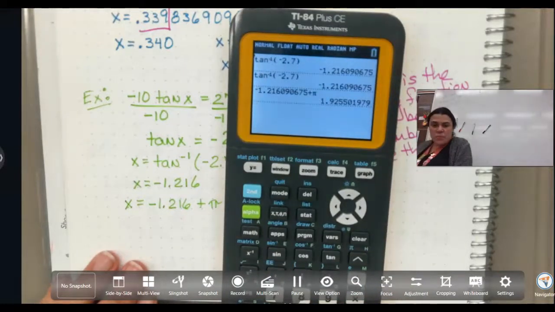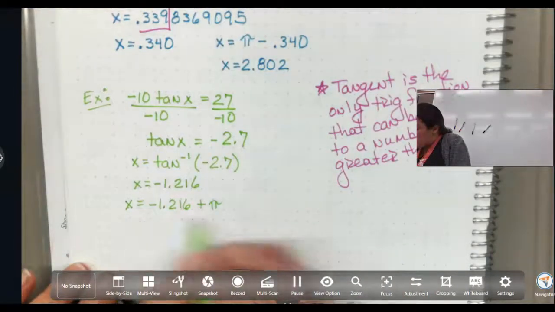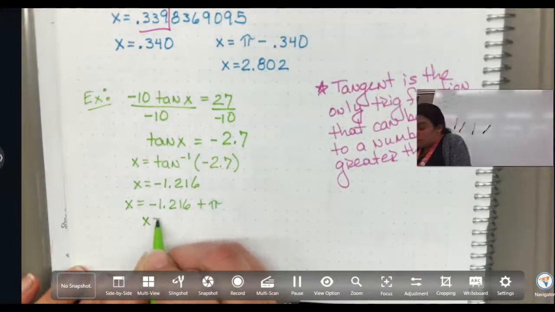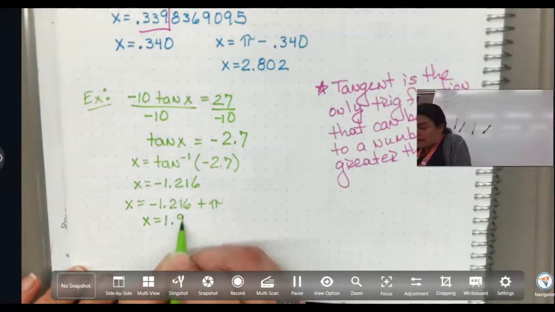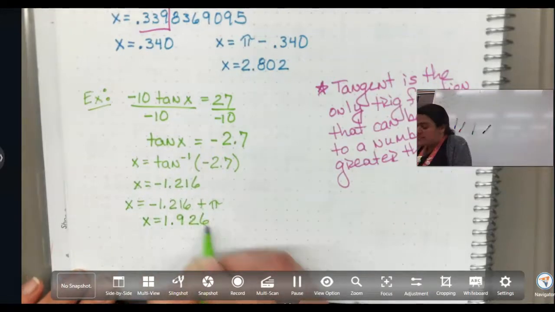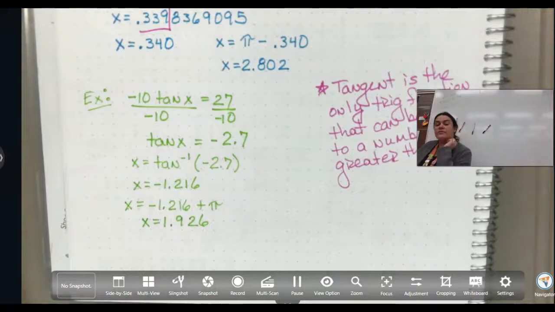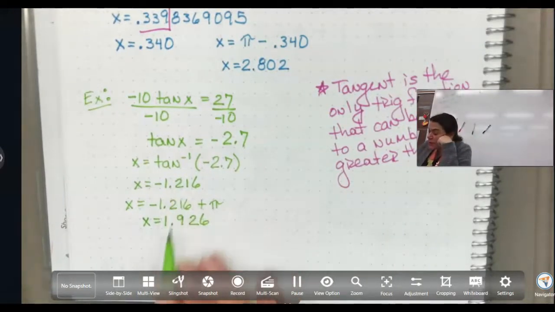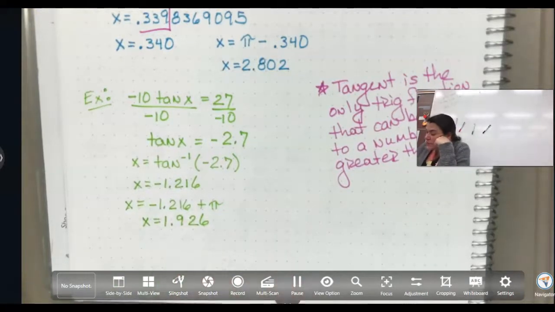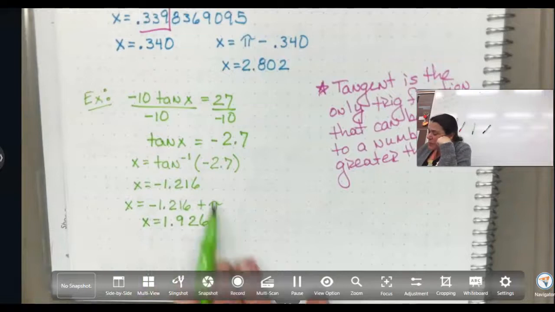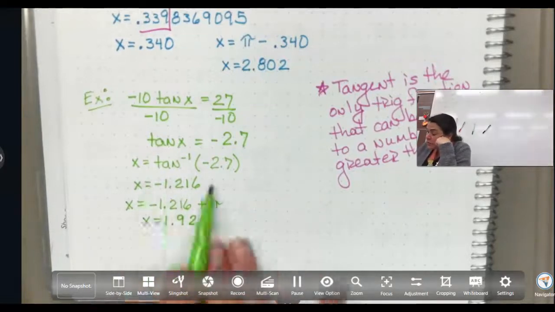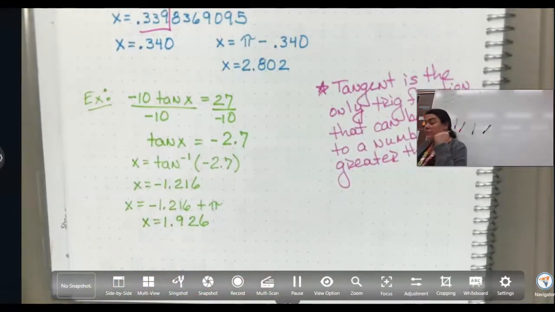Now I have 1.9255, so that is x equals 1.926. So now I have two values for tangent. This one is in quadrant 4. This one will be over in quadrant 2. Remember, my x values are always going to be my radian values. And we're just writing these radians as numbers instead of using the pi's.